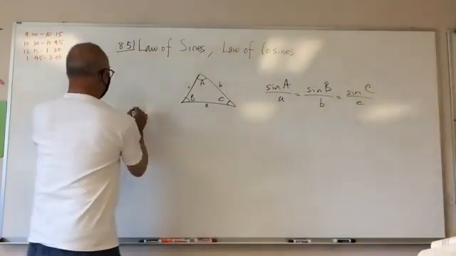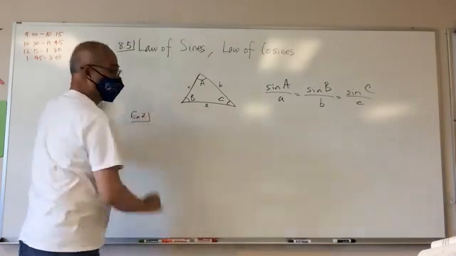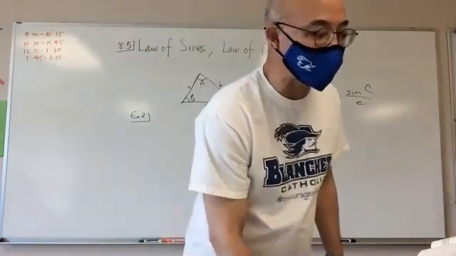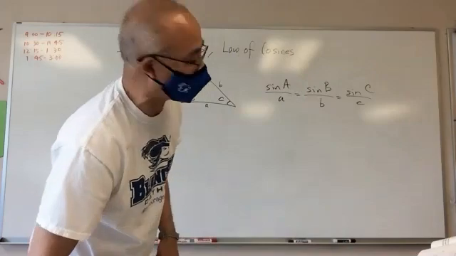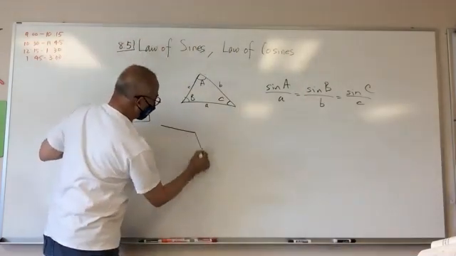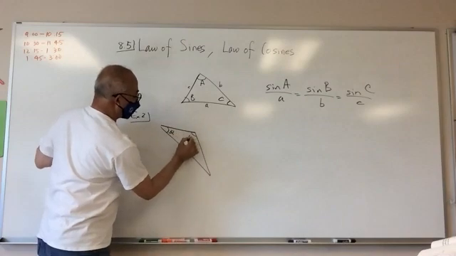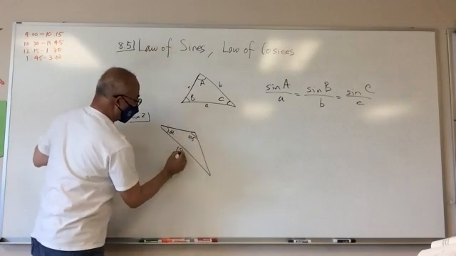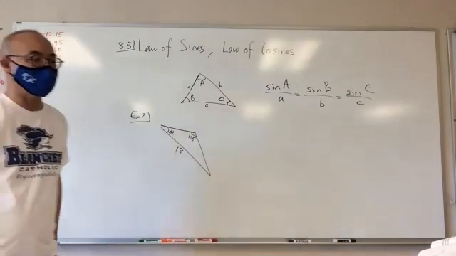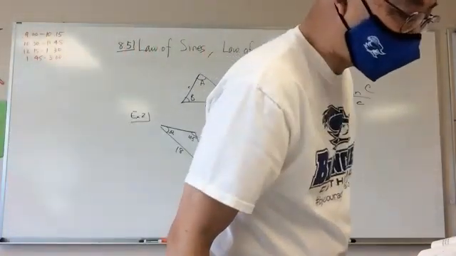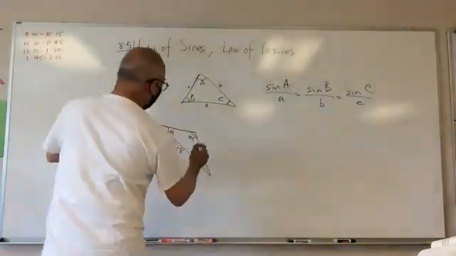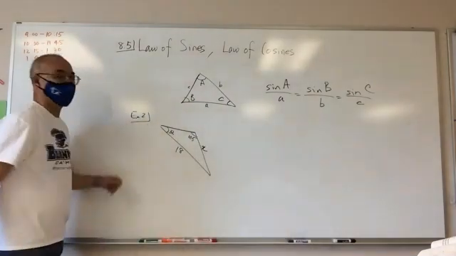On example number 2, first one, I have 32, 105, and the length here is 18. The question is to find DF, this length here, x.